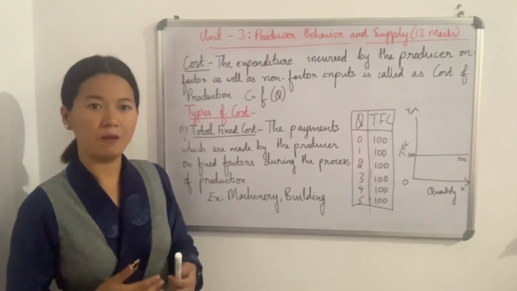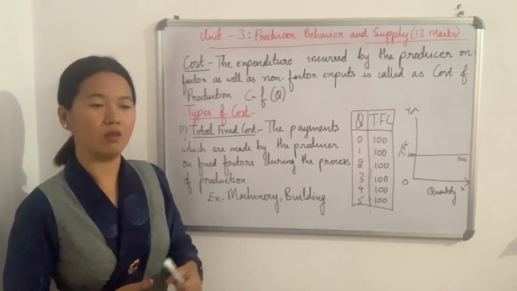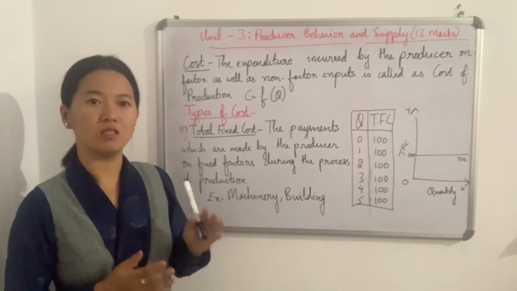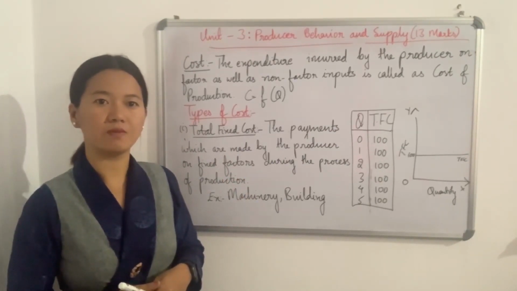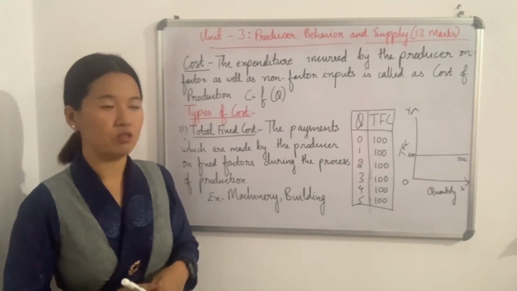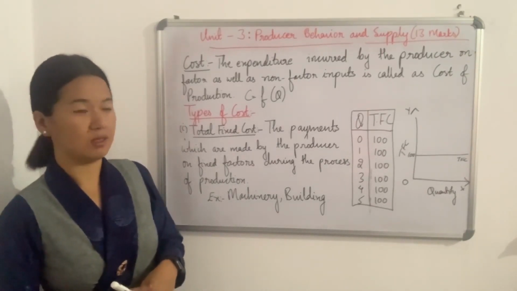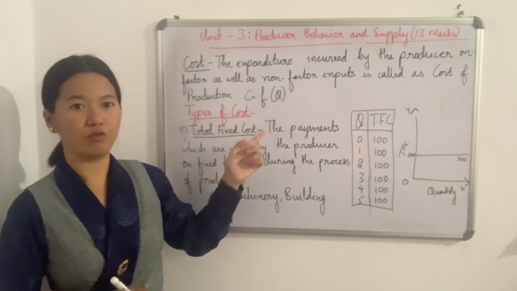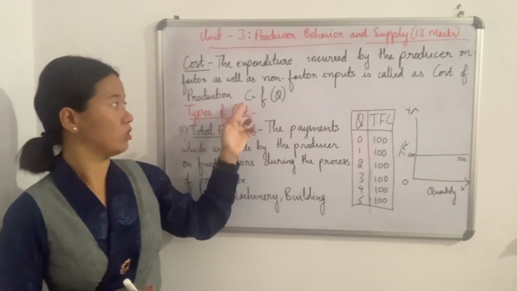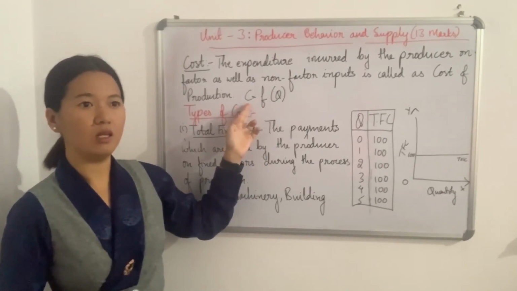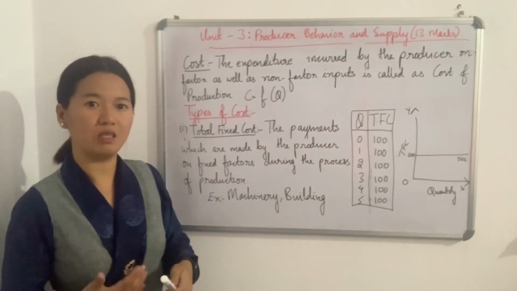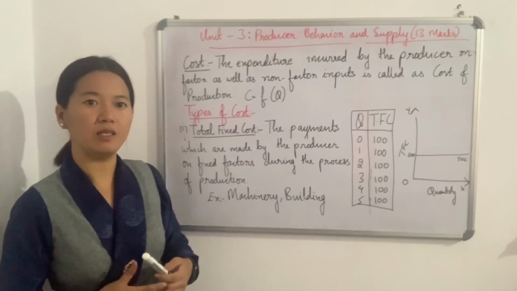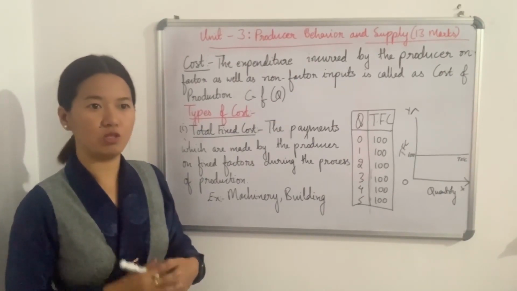So the expenditure incurred by the producer on the factor as well as non-factor inputs is called the cost of production. So this is the cost, and C is equal to a function of Q. That means that cost is related to the change in the output, which means that when the output increases or decreases, accordingly the cost of production will also change.